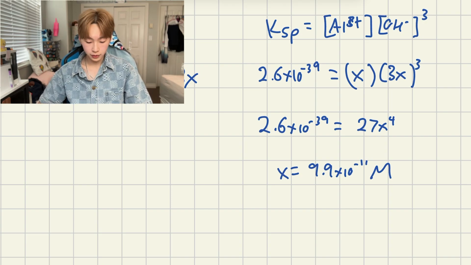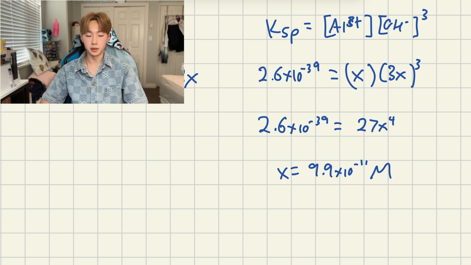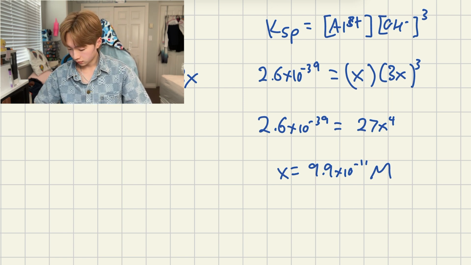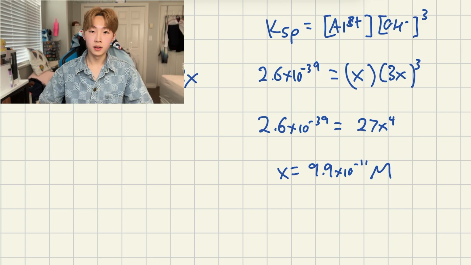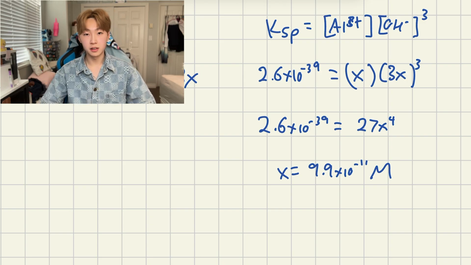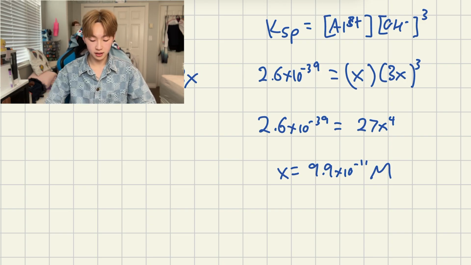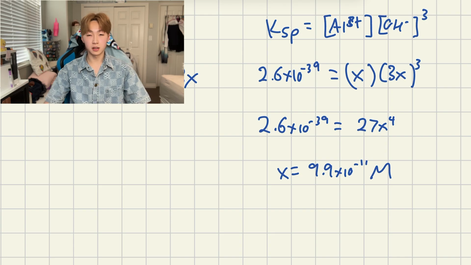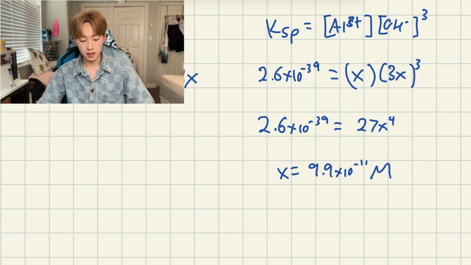And doing the math, we find that x is equal to 9.9 times 10 to the negative 11 molar. And something I forgot to mention is that solubility, so x, or what we just calculated, can also be defined as the maximum amount of solid that can exist or can be added before a precipitate forms.